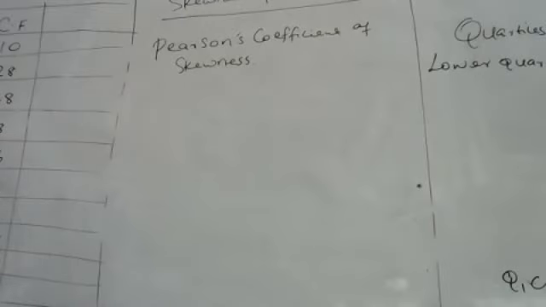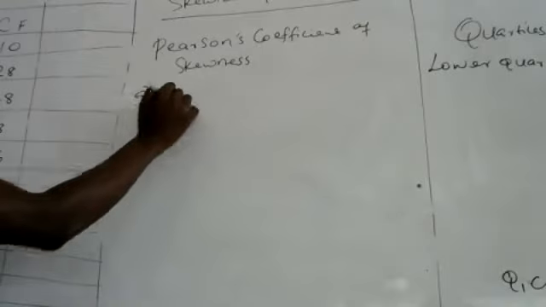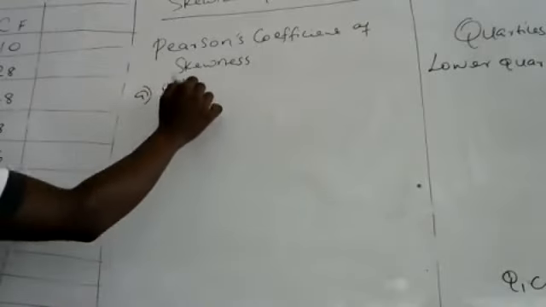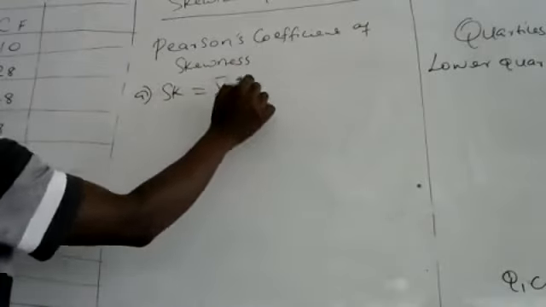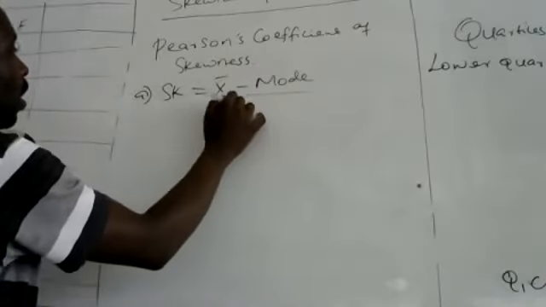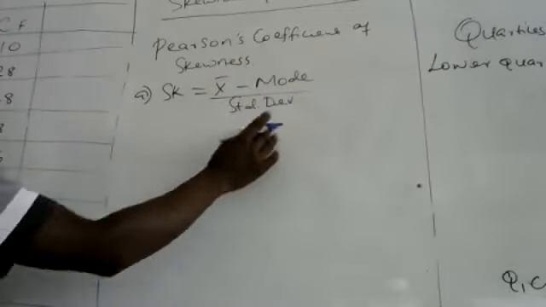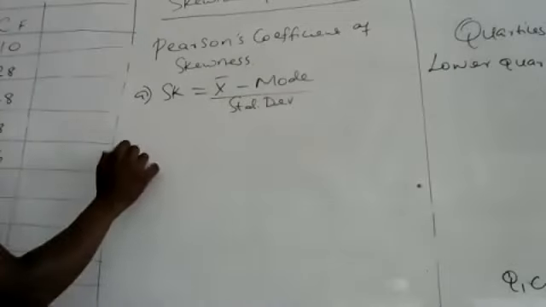Then you say that it is calculated using two approaches. A, the coefficient of skewness is given by x bar minus mode over standard deviation.